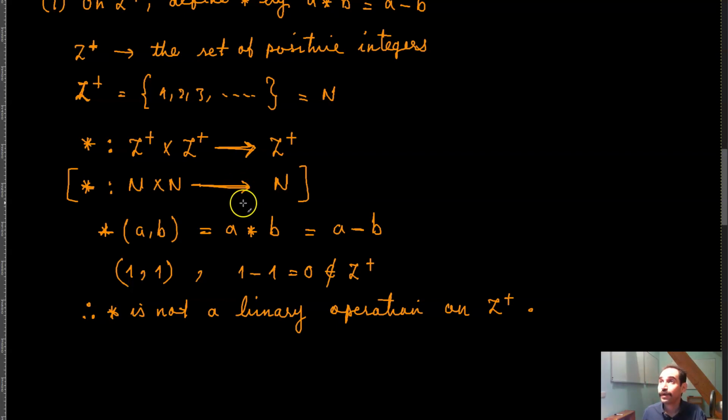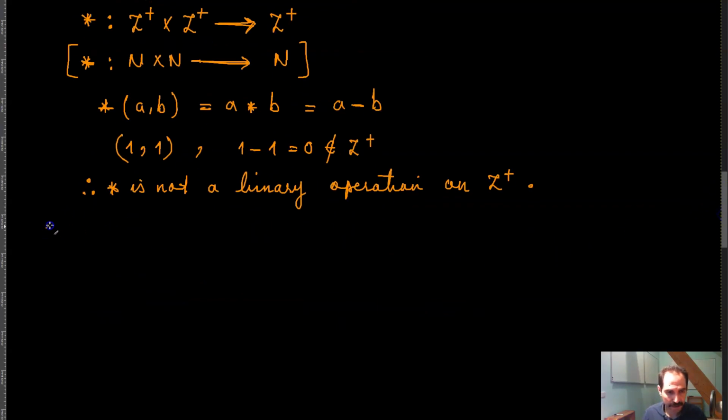Now over here we have, on Z plus, star is defined by a star b is equal to a minus b.